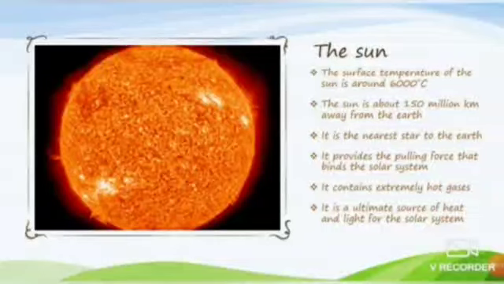The sun rays kill harmful bacteria. Solar energy is used to generate electricity. The sun rays cure many skin diseases. So the people of the Hindu religion worship the sun as God.